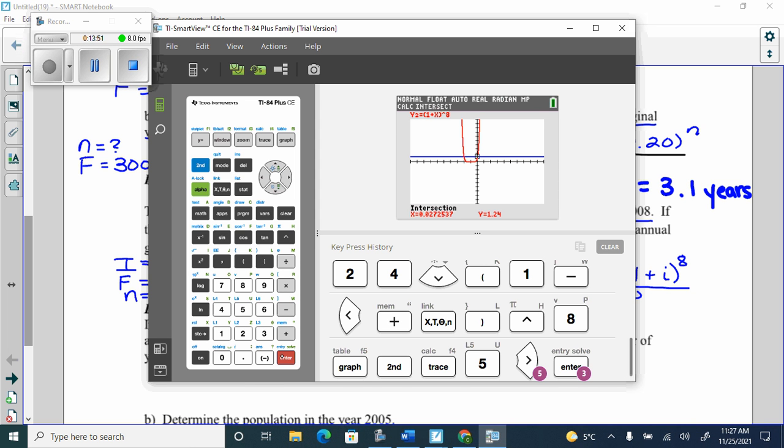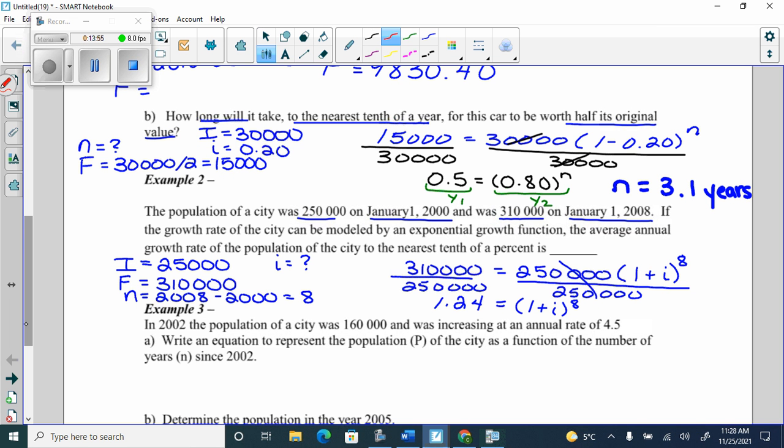So this one is 0.0272, etc. But that can't be our answer because it wants the growth rate to the nearest tenth of a percent. So what do I have to do to that? Yeah, make it a percent, multiply by 100.